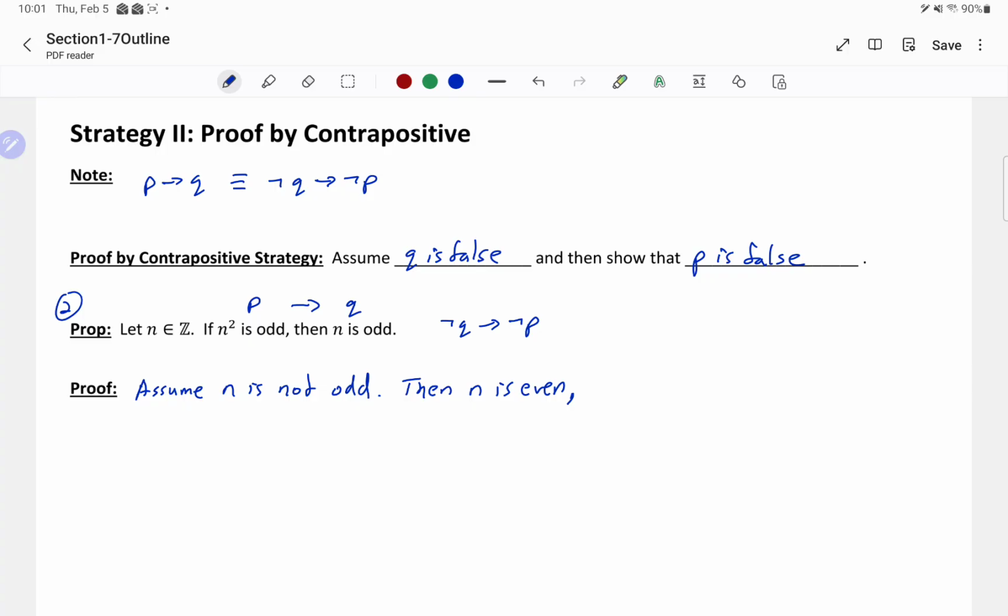Yes, we have to follow the breadcrumbs. Then n is even, so n is equal to 2 times k. We can't just jump to saying n is even, so n squared is even. We need to explain why that is. So n is equal to 2k for some integer k.